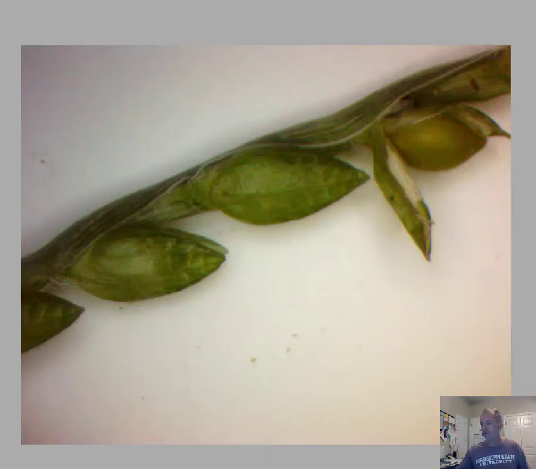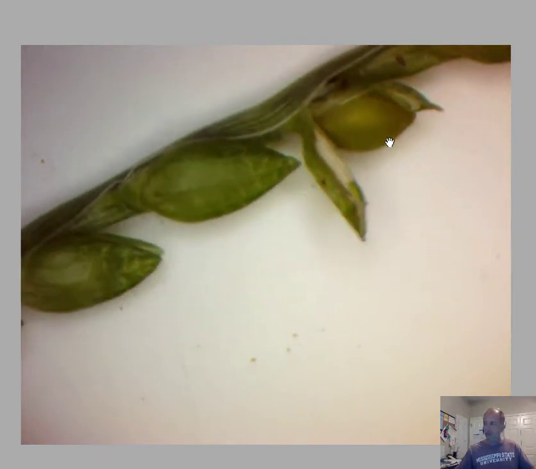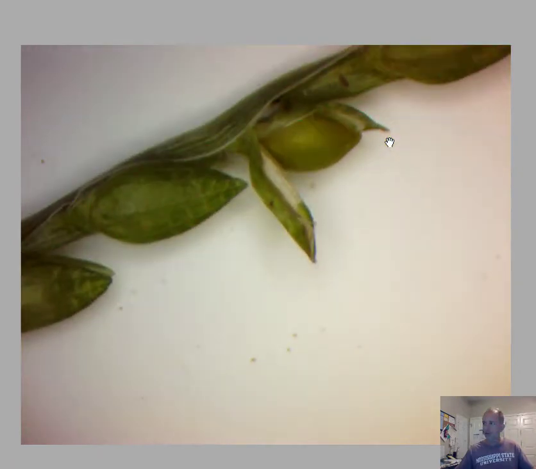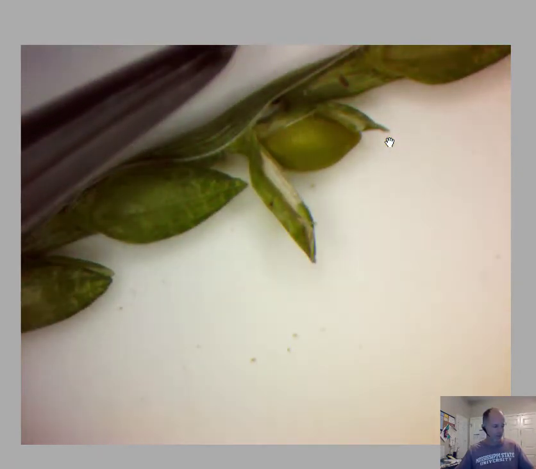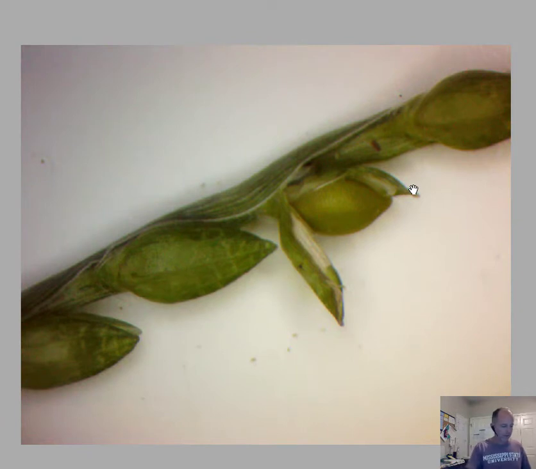So let's look over here and see, do we see glooms? I've kind of pre-opened some of these, but on the one that's up here, if I can get it in the right position, scoot it over a little bit. Right inside here, okay.